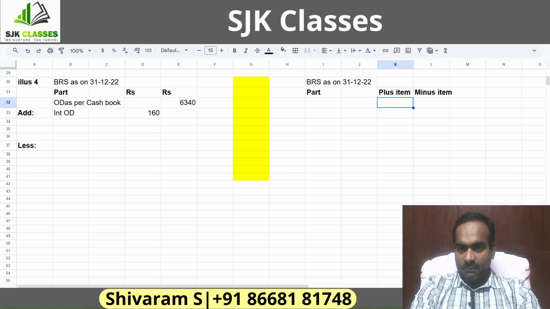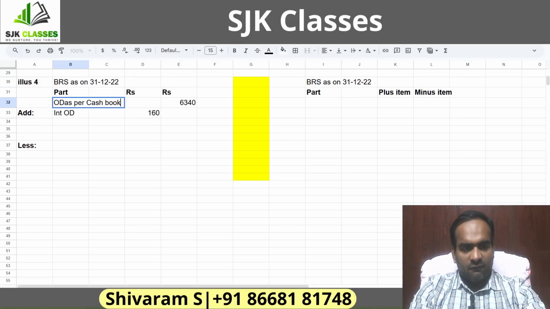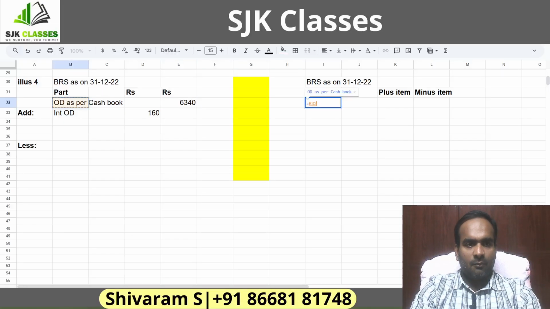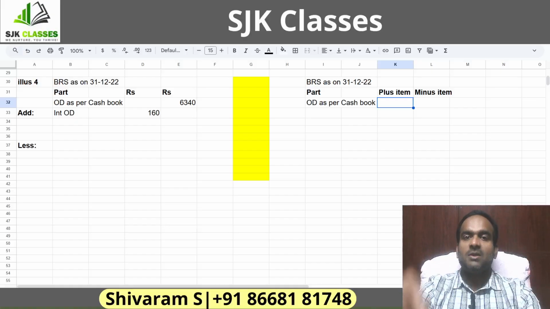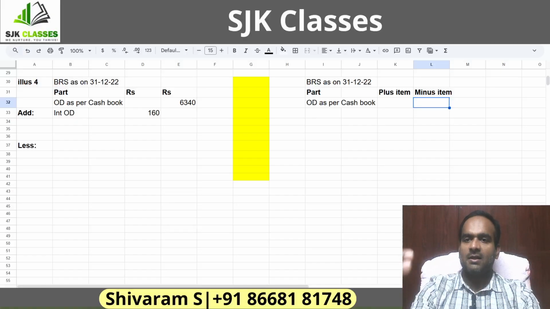Those who are following the plus item, minus item approach, listen here. We have been given OD as per cash book. That's my starting point. Since it's an overdraft, you must enter it in the minus section, because overdraft means negative balance. So my opening balance will be in the negative column. So 6,340 will be taken to the minus column.